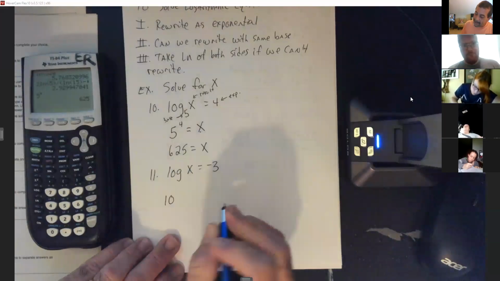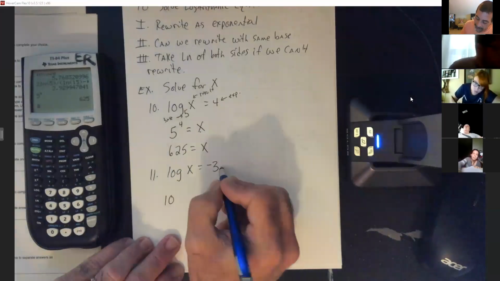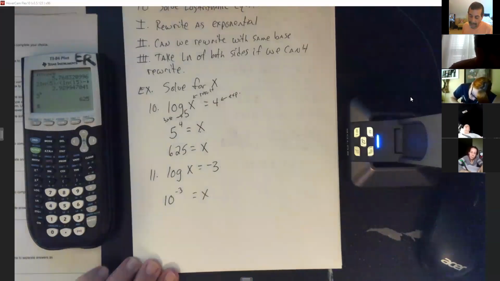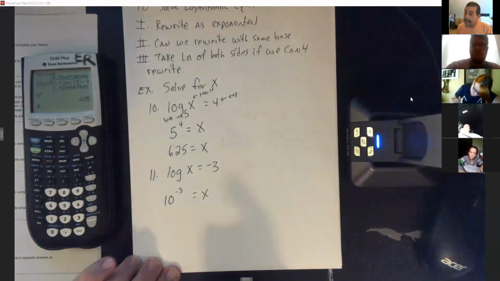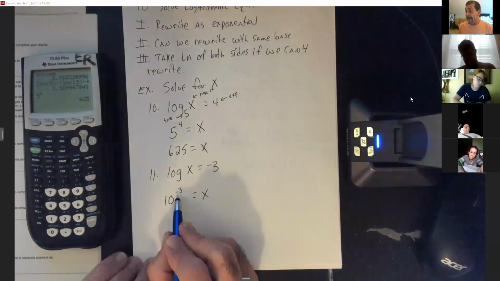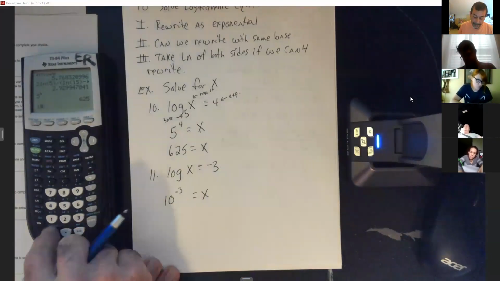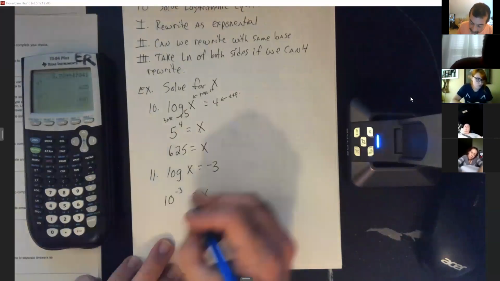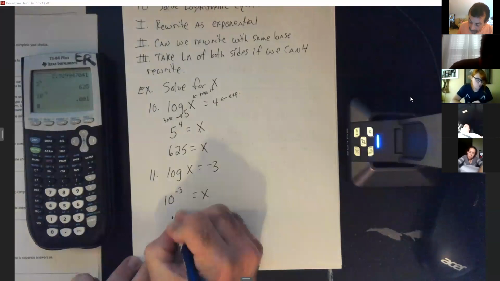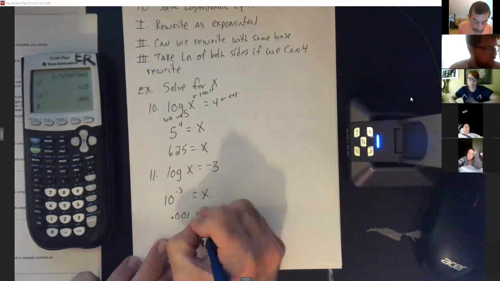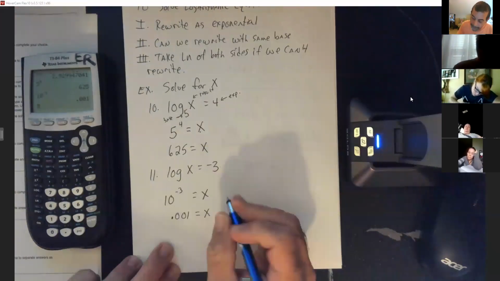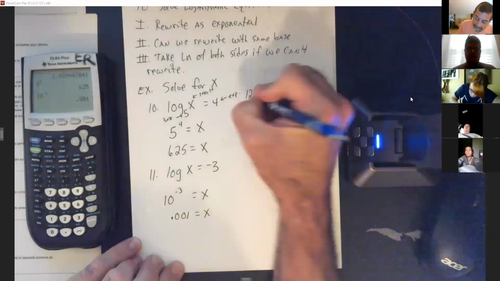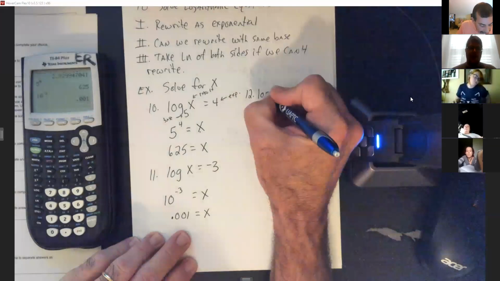So I got 10 to the exponent of -3 is going to equal my x. And then we can punch that in. Now remember, since that's a negative exponent, you better get a decimal answer. 0.001. Yep, that's it, perfect. These ain't bad at all. Oh no, I love these.